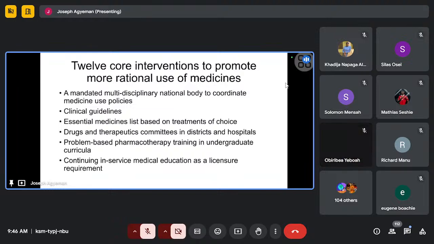Then when it comes to our training in schools, lucky enough, nowadays, the PharmD program is solving that problem, where before you even come out from school, you are exposed to the practical aspects of pharmacy practice. Previously, it was geared towards theoretical issues. Then you have to come out and then you begin to learn. But nowadays, the program is more of a problem-based pharmacotherapy approach.